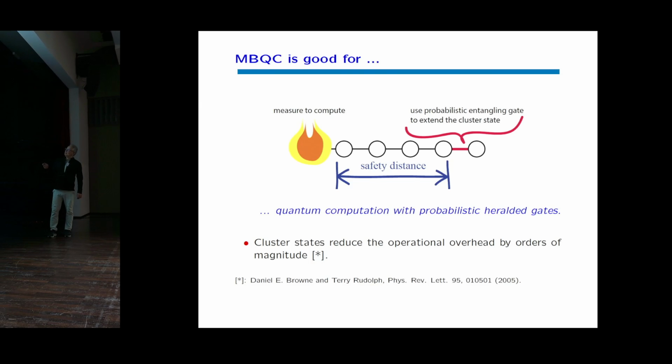Okay, and so you can mitigate its effects by making a cluster state. So you have your potentially failing entangling gates, you use them to extend the cluster state. So sometimes it fails and you shrink. Mostly it succeeds and you grow. Maybe you grow on average. This is what you do on the right-hand side. And on the left, you shrink the cluster state by measuring. And you have a safety distance between the two. Okay, so this is how you can work with probabilistic heralded gates.